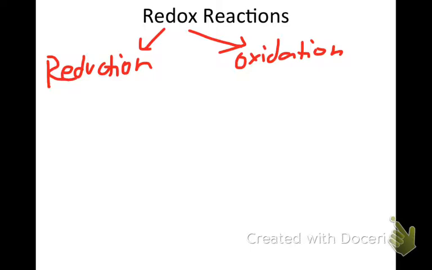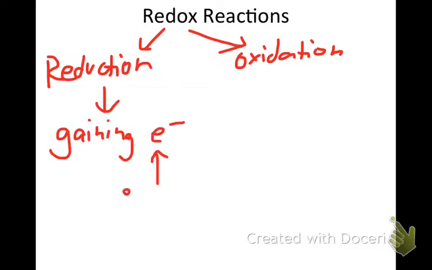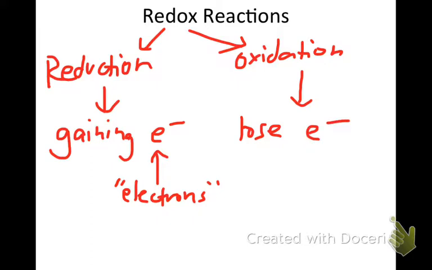So in redox, reduction means that you are gaining electrons. And that's my shorthand for electron, just in case you were like, what is e-? Electron. And oxidation is the term you use for when you lose electrons. Okay?